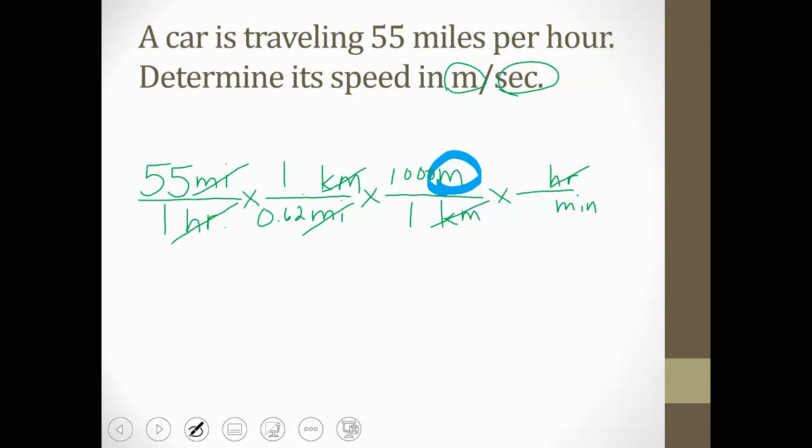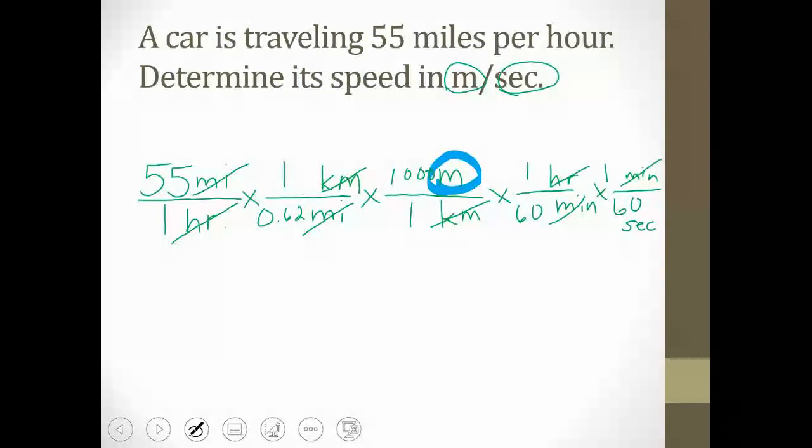It needs to be on the top over here so it'll cancel or divide out. So we know that an hour is 60 minutes, and we know that a minute is 60 seconds. Now my minutes have to go on top in that factor so that it divides out. And when I'm done, I have meters on top and seconds on the bottom.